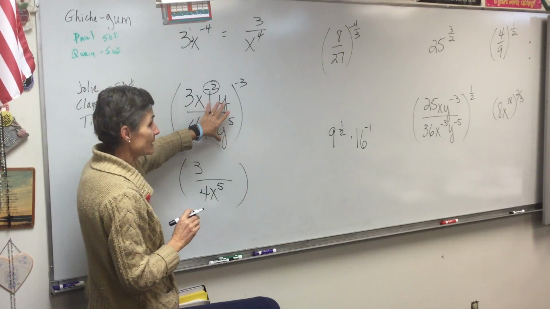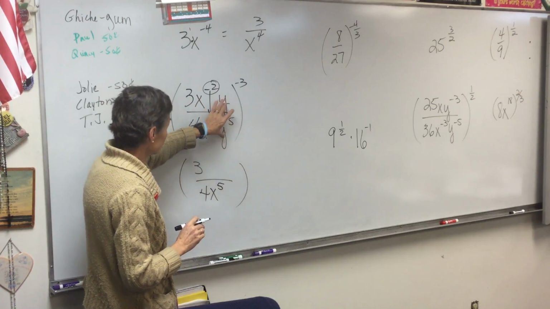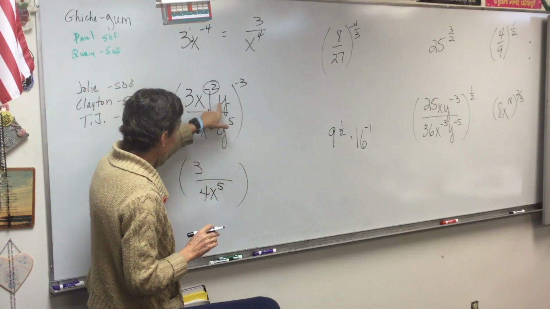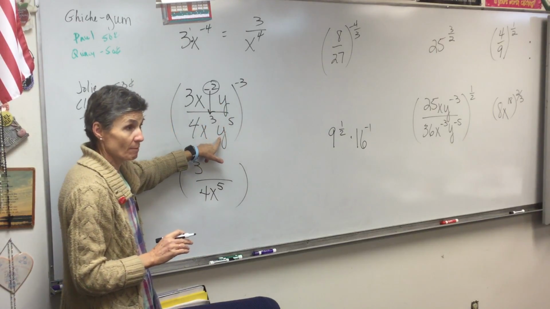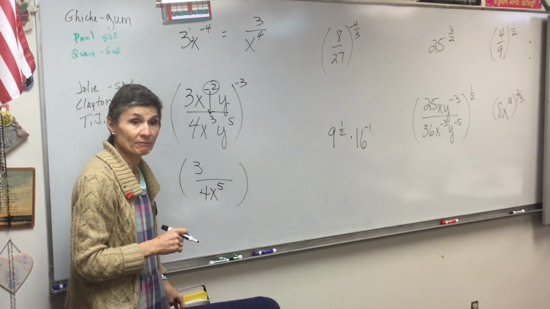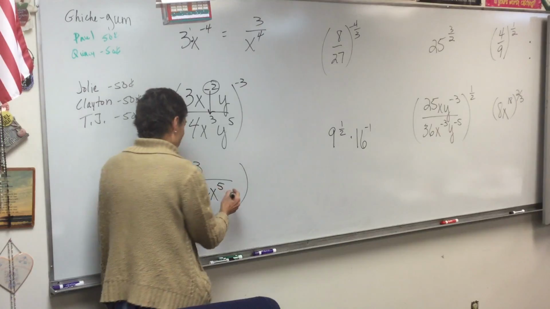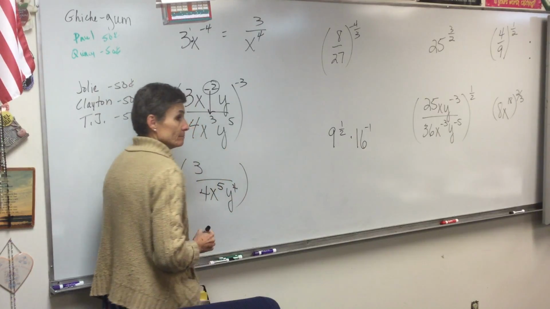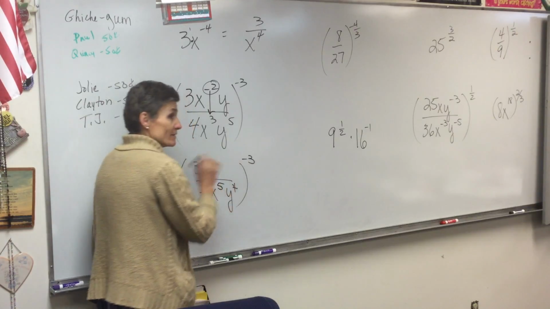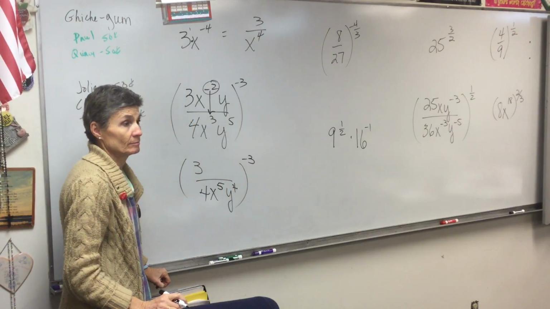Now, I don't need negative on the y's, so nothing's moving. But I have 1 y on top and 5 y's on the bottom. So when I start canceling, I'll be left with 4 y's on the bottom. And that's still to the negative 3rd. You haven't done anything with that yet.